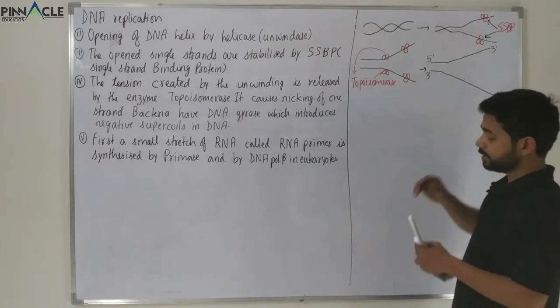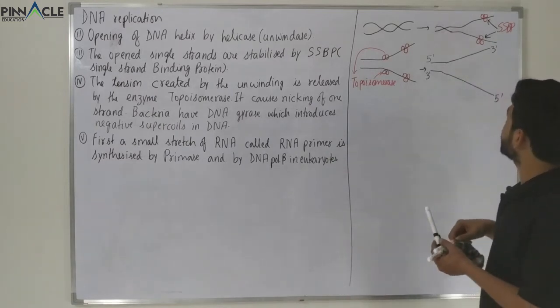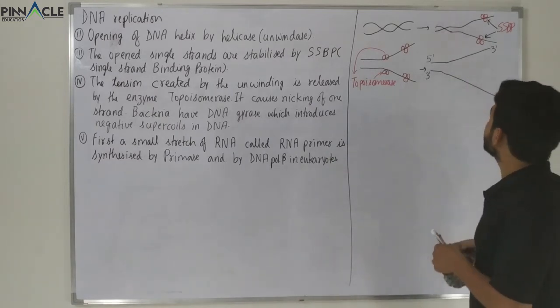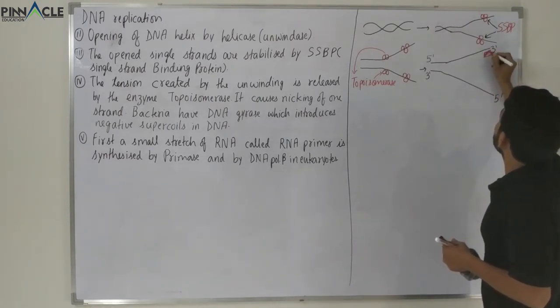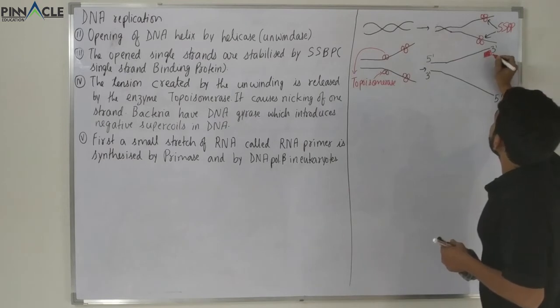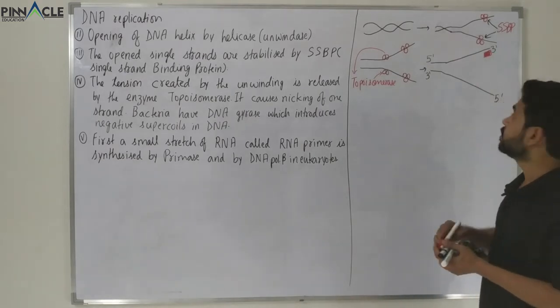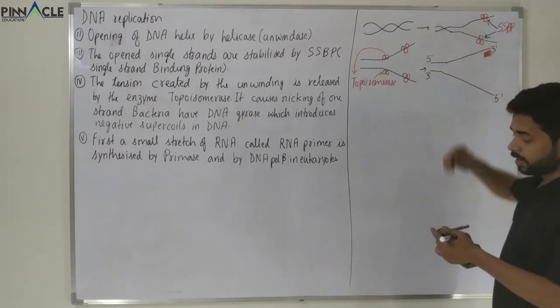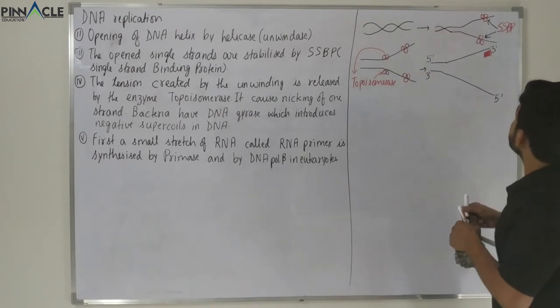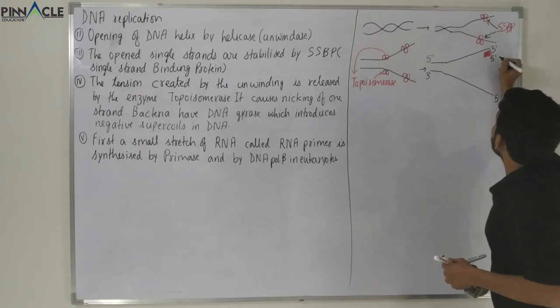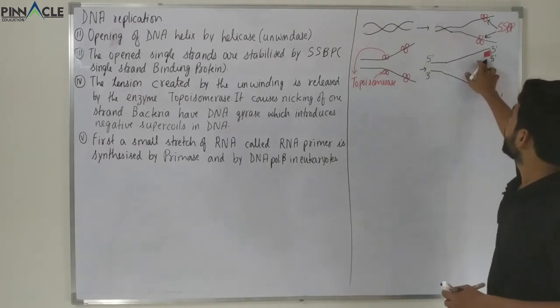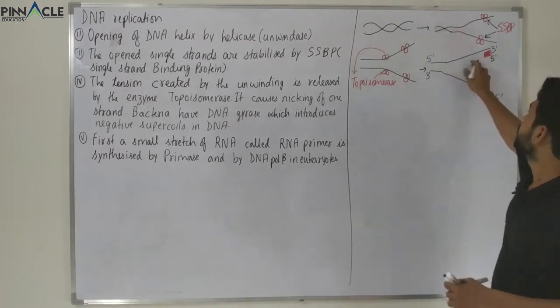Without that, DNA replication cannot occur. A short stretch of RNA will be synthesized over here, and because the new strand will be anti-parallel, the new strand that is being formed over here will have 5 prime polarity here and 3 prime in this direction.